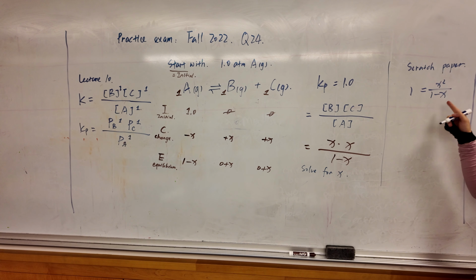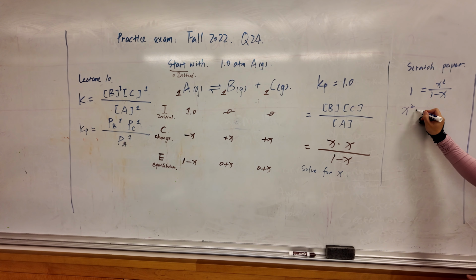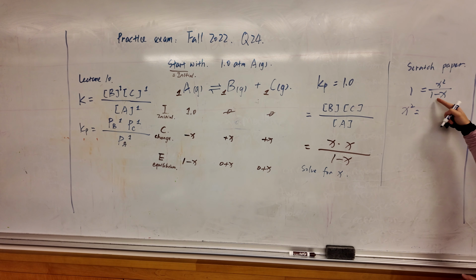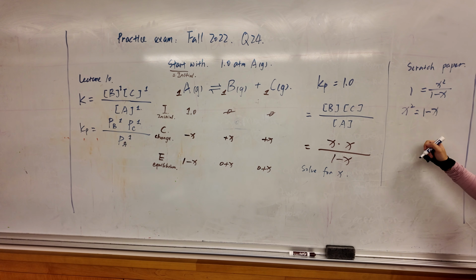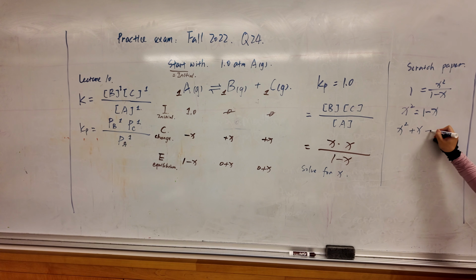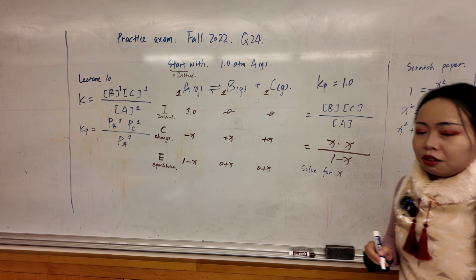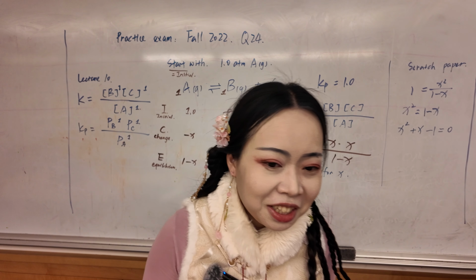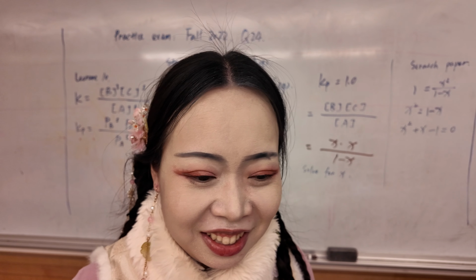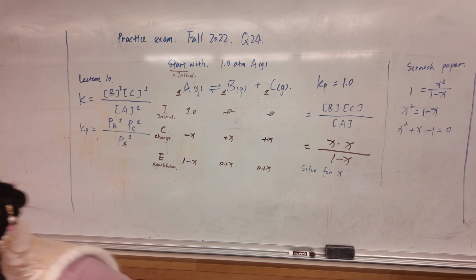So x squared equals 1 minus x. We just move 1 minus x to the other side. x squared plus x minus 1 equals 0. Okay, solve for x. Use your high school math, whatever. You good? Okay.